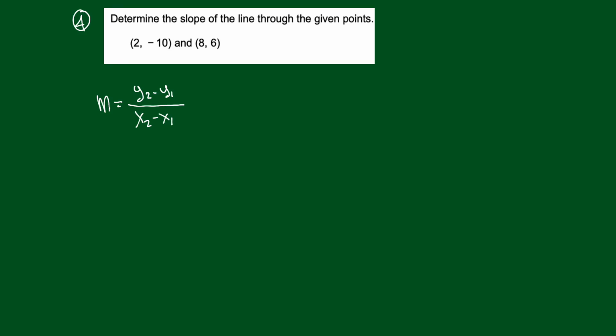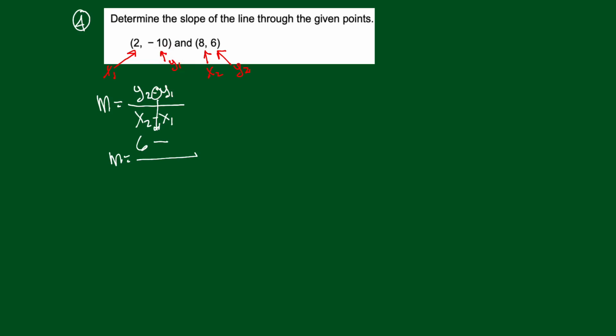So let's identify here. As I look left to right at these points, this is the first x that I see. This is the first y that I see. This is the second x that I see. This is the second y that I see. So I'm going to substitute these values into my formula down here. So the slope is the second y, which is 6, minus the first y.